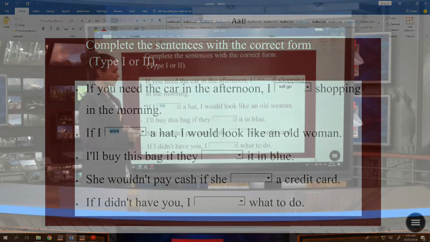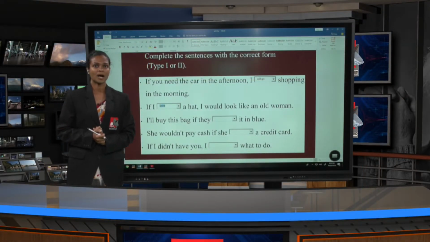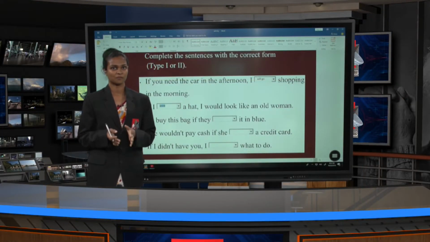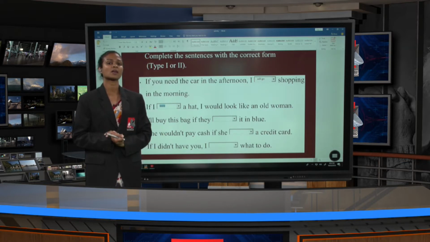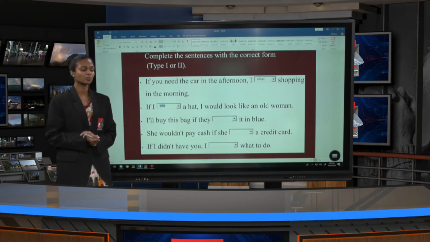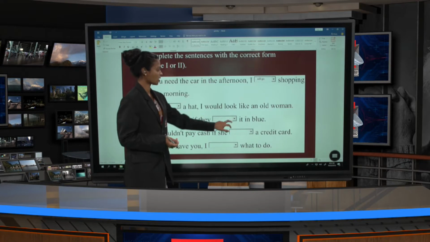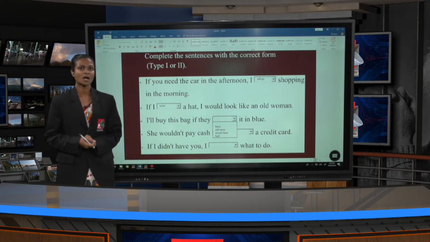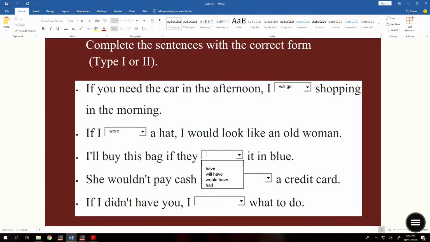Third one. I'll buy this bag if they blank it in blue. What is your answer? I'll buy this bag if they it in blue. I'll buy this bag.